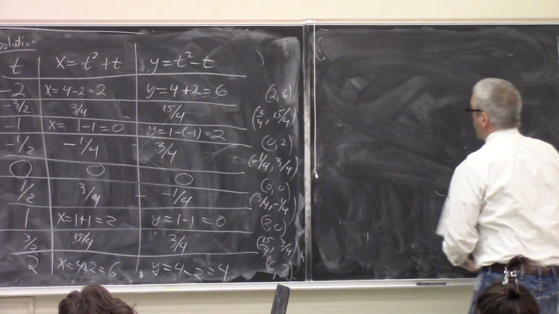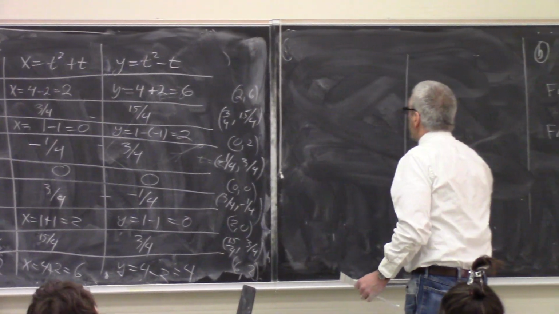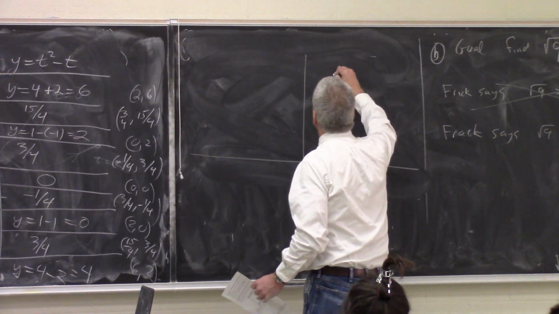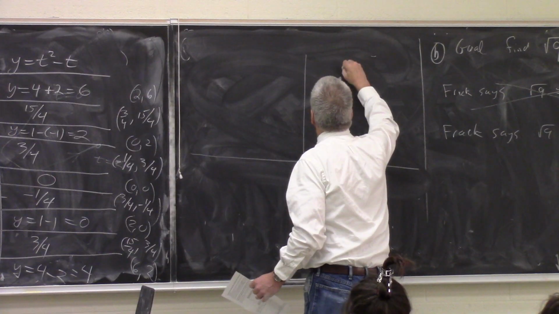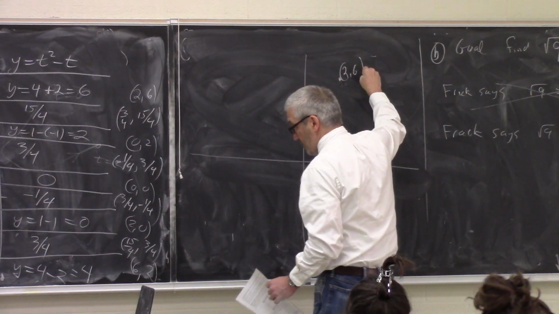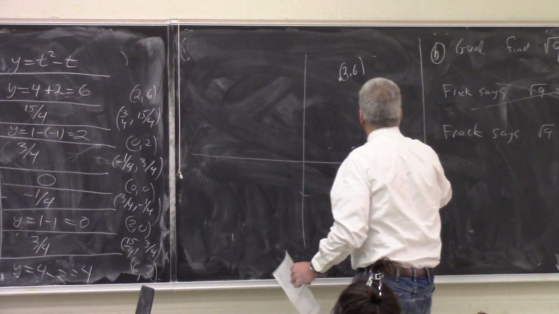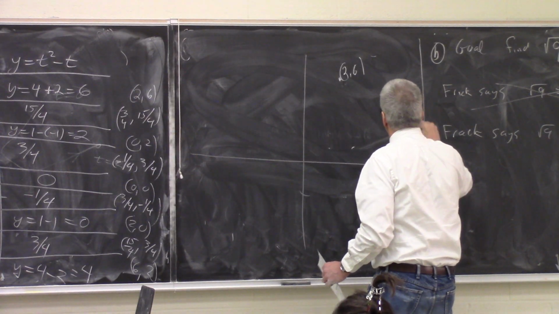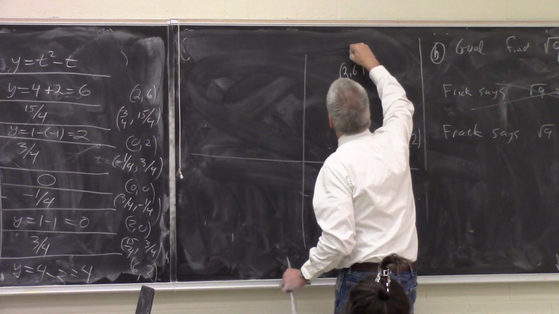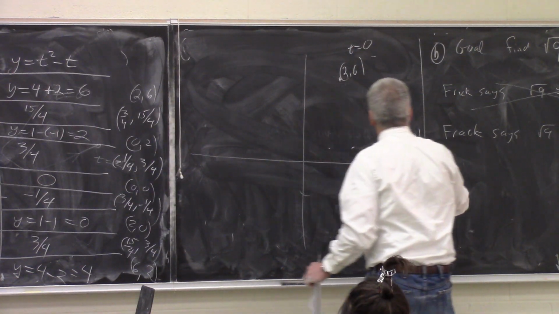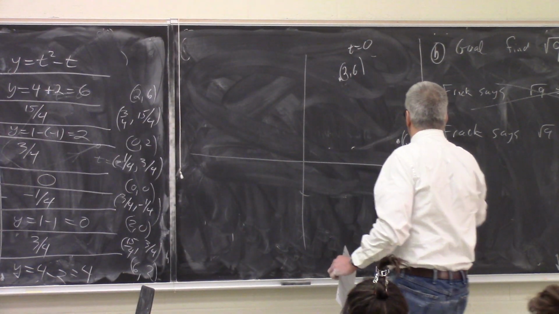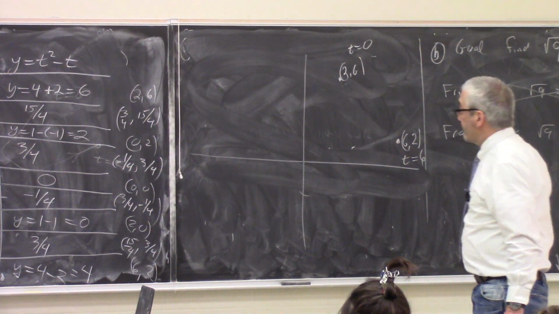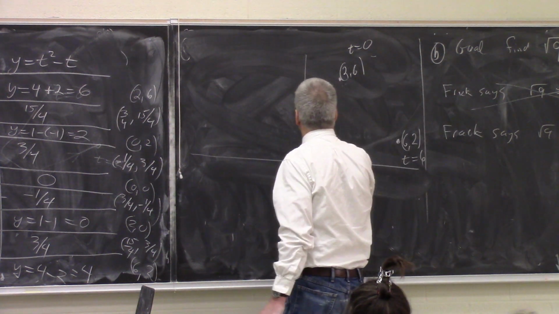I'm going to start by graphing the nice points. So 2, 6 is going to be up here. 6, 2 is going to be over here. So this is going to be at t equals 0. Okay, and then let's go to the next nice point, 0, 2.